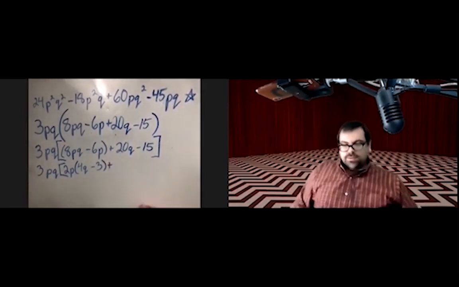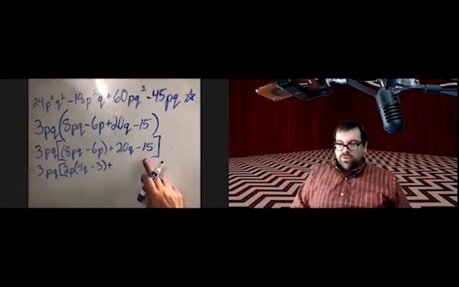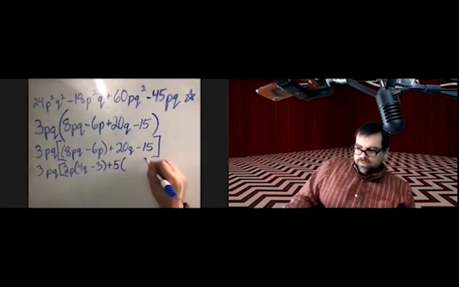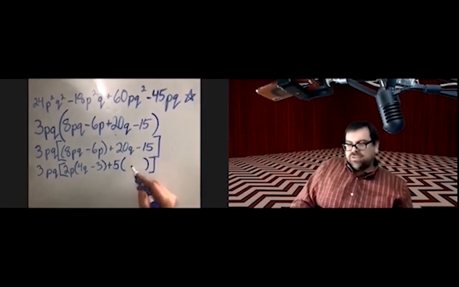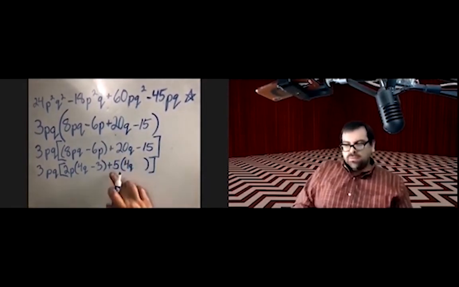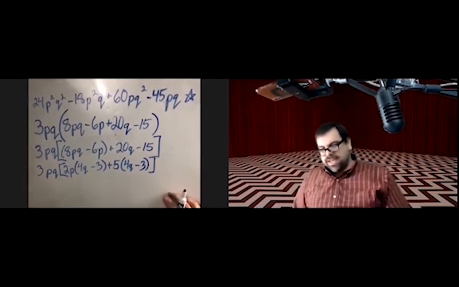Plus, so we're going to factor out something positive. 20q and 15. We can take out a positive 5. 5 times what is 20q? 5 times 4q. Positive 5 times what is negative 15? Positive 5 times negative 3 is negative 15.